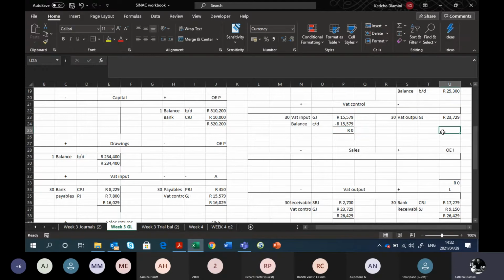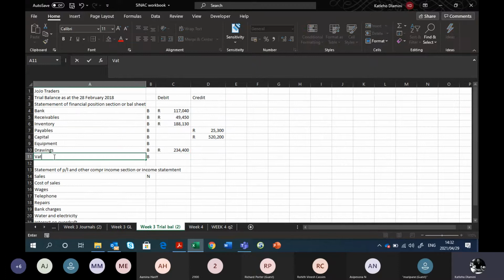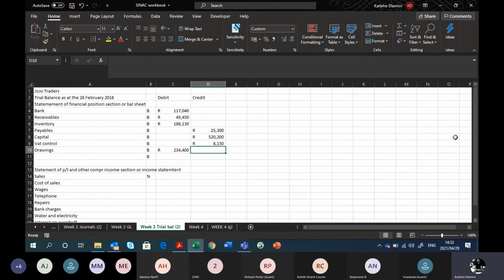So I'm just doing it backwards now, and that is equal to that. And that's our balance right there. Balance, drop down, 8,150 Rand over there. So then my VAT control is a credit balance of 8,150 Rand. All right.